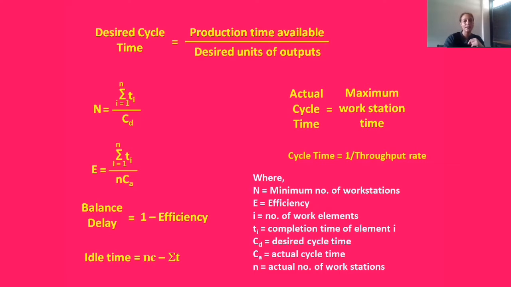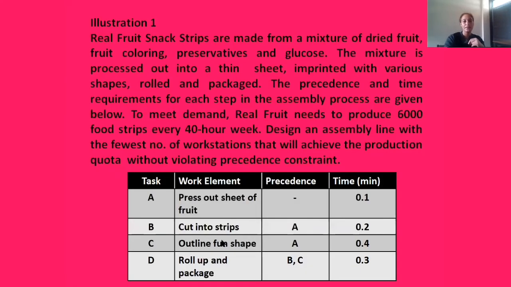So I am taking one example here. Real Fruit snack strips are made from a mixture of dried fruit, fruit coloring, preservatives and glucose. The mixture is processed into a thin sheet, imprinted with various shapes, rolled and packaged.